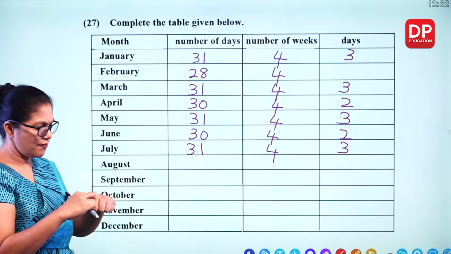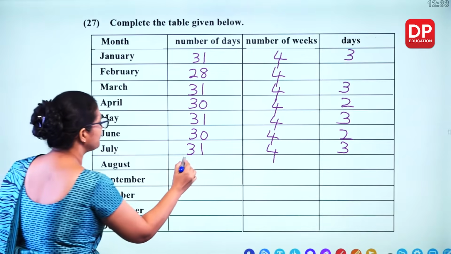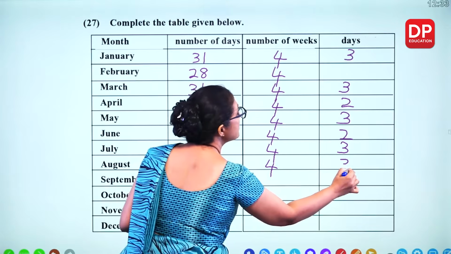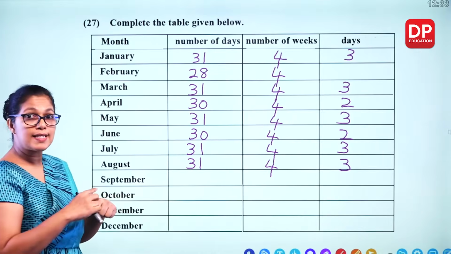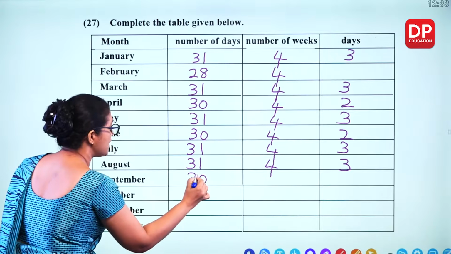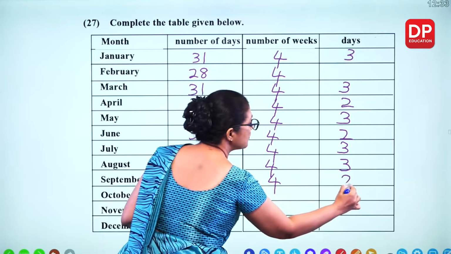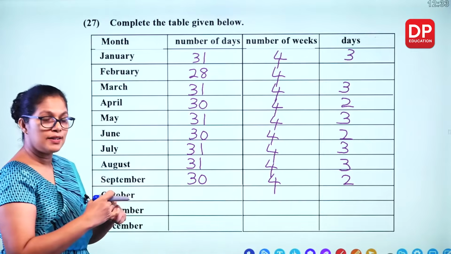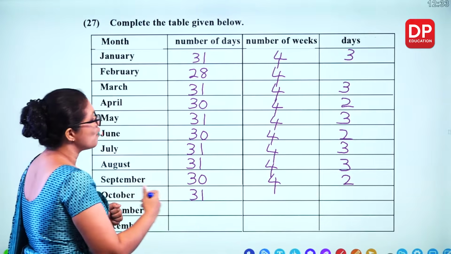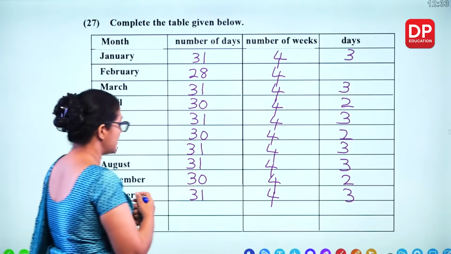And August, again we start August here. July, then August, both 31. 4 weeks and 3 days. And when you take September, that's in between. So 30 days for September. So 4 weeks and 2 days. October, again 31. October 31, so 4 weeks and 3 days.